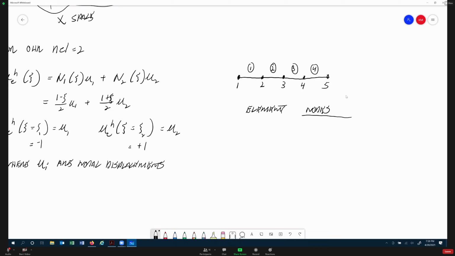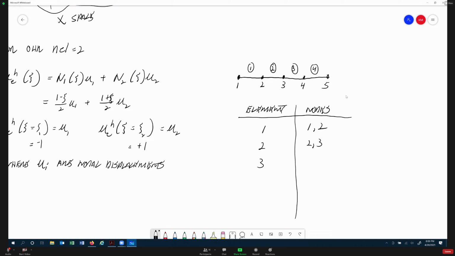And I'm really just writing this out so you can start thinking about this in matrices or lists and things like that. So element 1 is associated with nodes 1 and 2. Element 2 is associated with nodes 2 and 3.